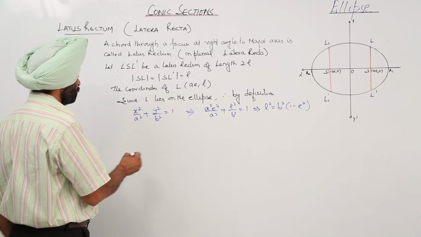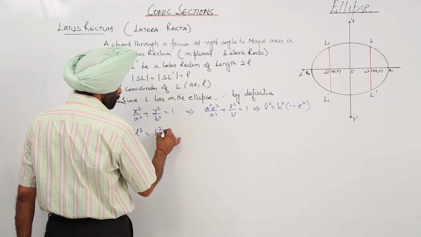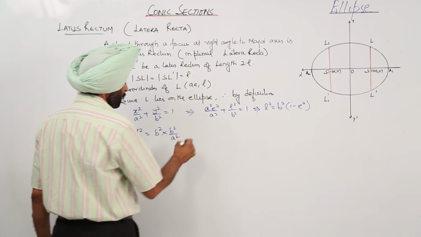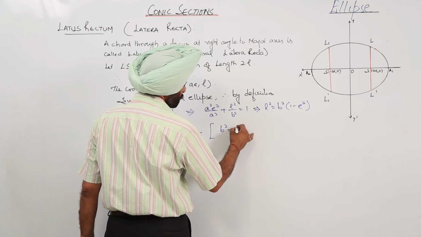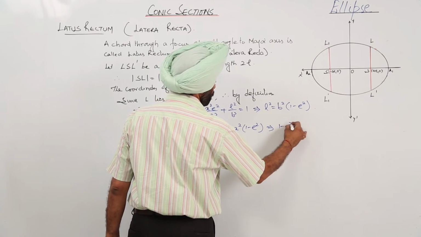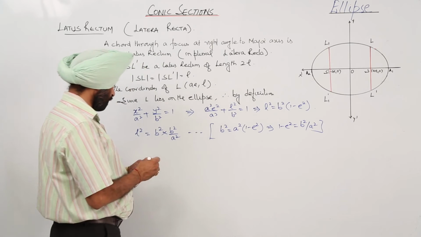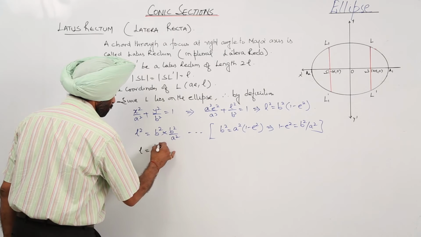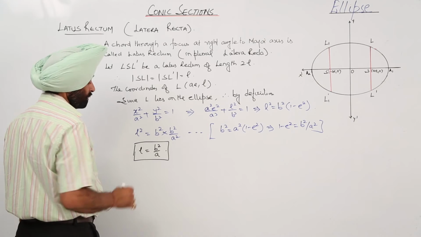Is it clear? Now L square is equal to b square times b square upon a square. Now what I have done is, we have taken b square is equal to a square in the bracket 1 minus e square, which gives 1 minus e square is equal to b square upon a square. Okay. So from here now L is equal to b square upon a, length of the one side.